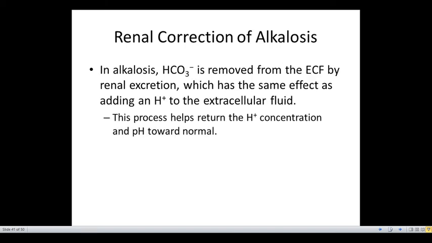In alkalosis, bicarbonate ion is removed from the extracellular fluid by renal excretion, which has the same effect as adding a hydrogen ion to the extracellular fluid. This process helps return the hydrogen ion concentration and pH towards normal.